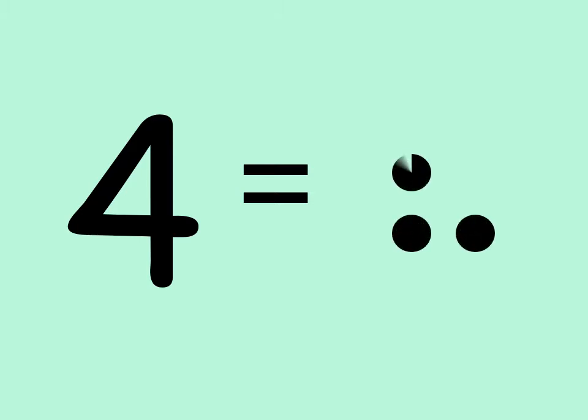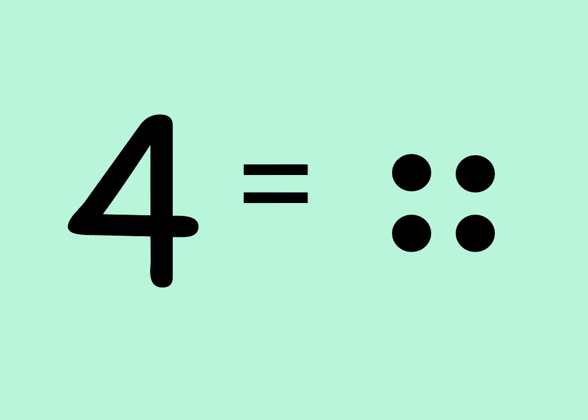Let's look at another example. There's the number 4. We can also give the value of 4 as being what? Do we write 2 dots? No. We need 4 dots. So let's do 4 dots. So those are equal.